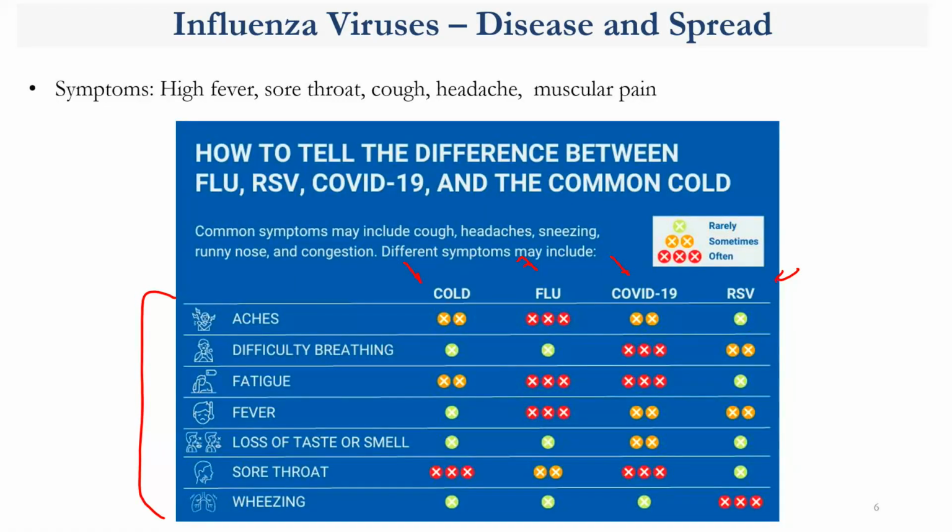COVID-19 is easier. We have home tests that we can use like we did before. RSV, cold, or flu will be a little bit more difficult to diagnose, okay? So you have to be very careful, and usually doctors are able to figure out which one is which. They might order some tests if necessary.